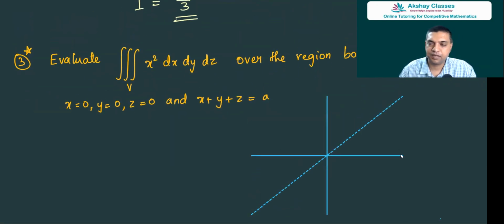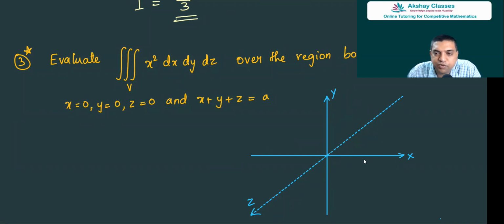So let's say this is x, this is y. By the right hand thumb rule, z will be here. Now x equal to 0 is the yz plane. y equal to 0 is the xz plane.